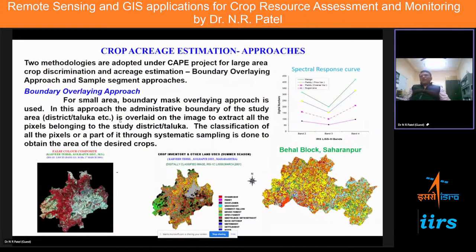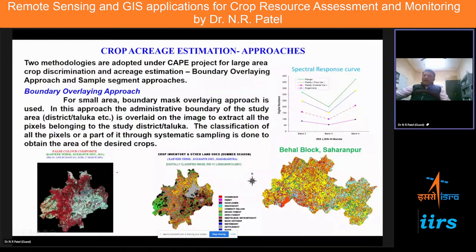Boundary overlaying approach means, for a small area like a tehsil, block or district, an administrative unit, you can have a boundary. That boundary you can use for masking the satellite image. After masking with the administrative boundary, this satellite data in the form of FCC is used for the classification with the ground truth information.